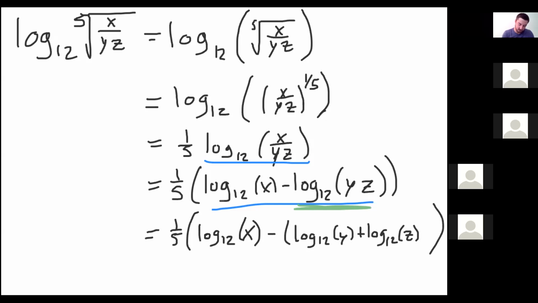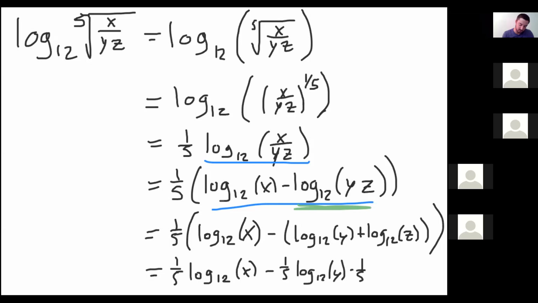Those match up a little bit nicer. Then just distributing that negative sign through and distributing that 1/5 through, I get 1/5 log base 12 of x minus 1/5 log base 12 of y minus 1/5 log base 12 of z.